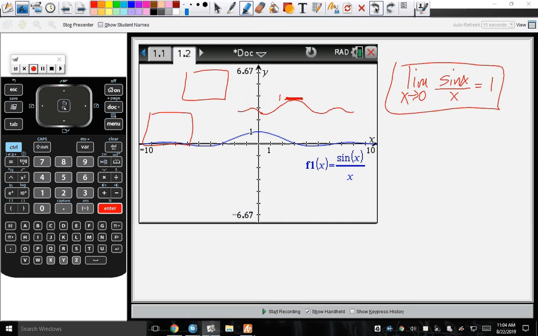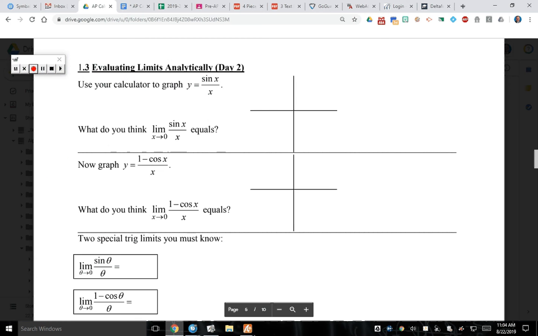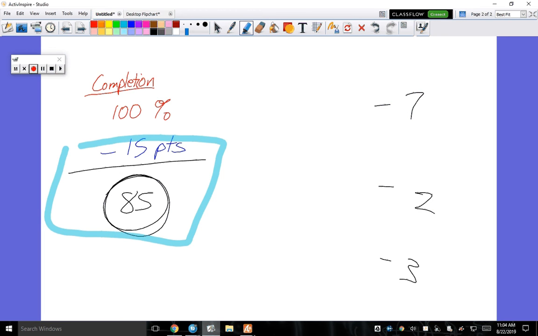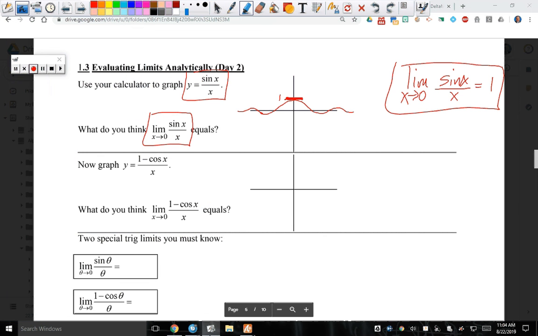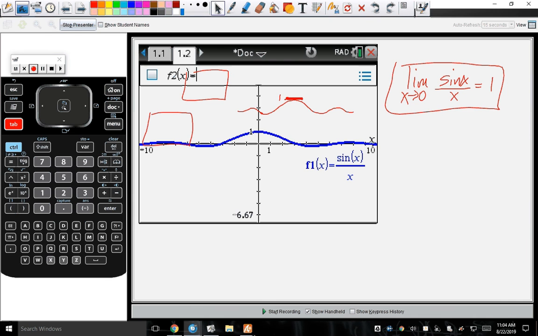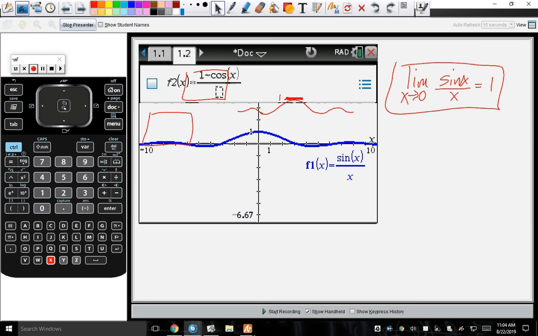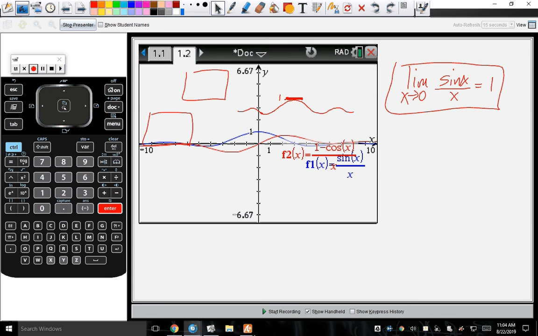So now let's go back and put our other one, 1 minus cosine of x over x. Okay? So 1 minus cosine of x over x would give me, press tab, control divide, 1 minus cosine of x over x, and I get this red graph. Okay, so that one's a little bit different.